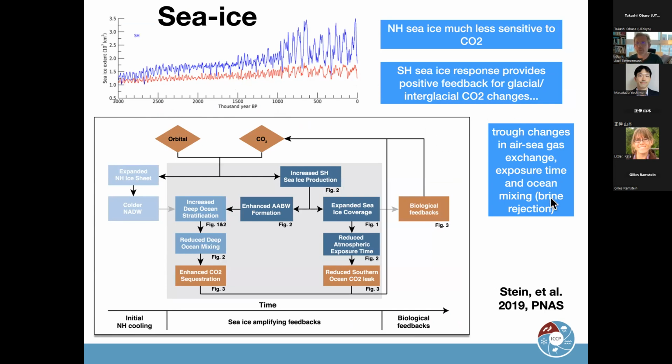In any case, we can see that sea ice response, of course, would provide a positive feedback also for glacial-interglacial CO2. More sea ice in glacial conditions decreases the air-sea gas exchange, weakens the exposure time, and also creates more brine, which can bring down heavy water with DIC.